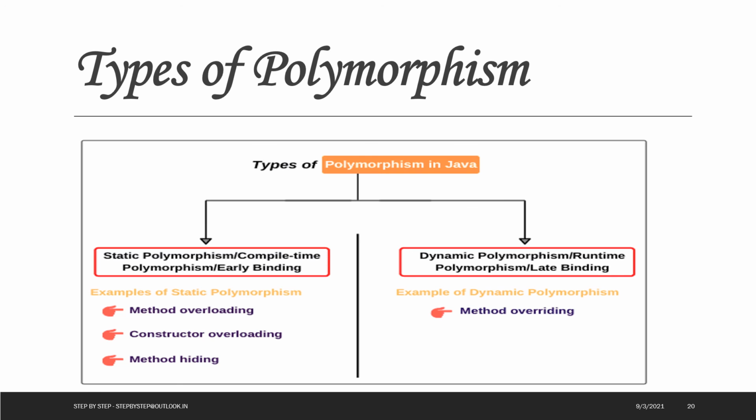So those will be the examples for static polymorphism. The second type is dynamic polymorphism or runtime polymorphism or late binding, and the example would be method overriding. We'll learn more about these types of polymorphism in detail in our next video.